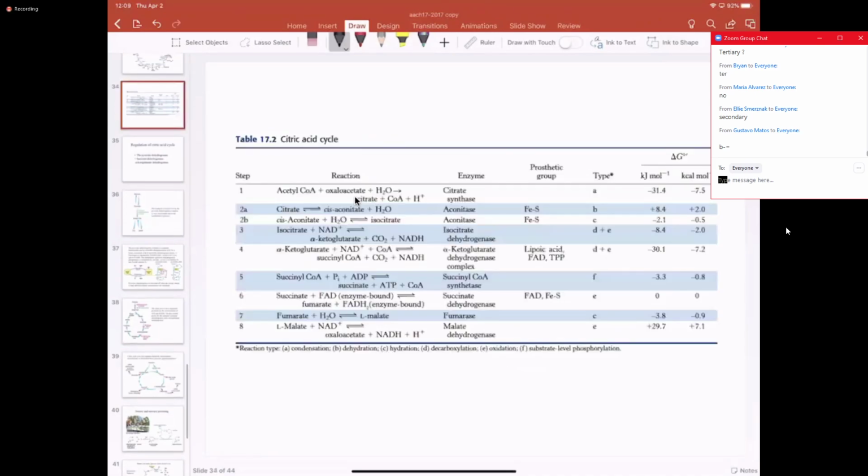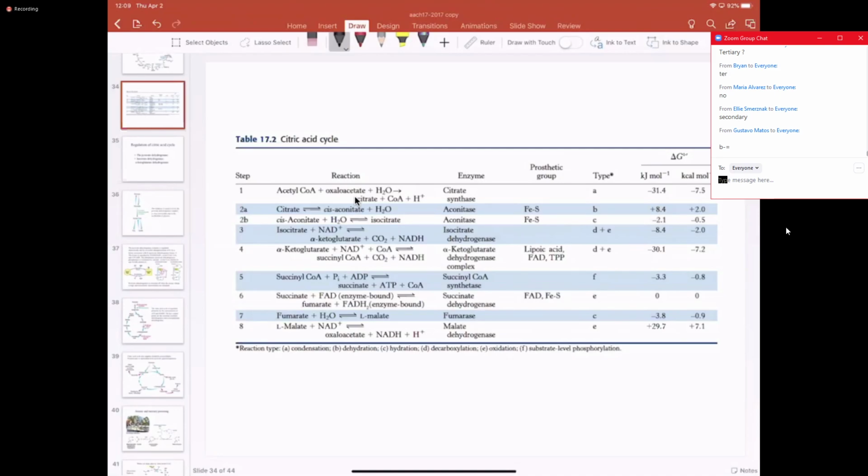Shown here is the energetics of the citric acid cycle. Again, please note, this is not delta G, this is delta G0. And delta G0 does not take into account the concentrations found in vivo. Because if this was in fact delta G, you would be in big, big trouble, because the last reaction, number 8 here, has a very high positive delta G0 value.